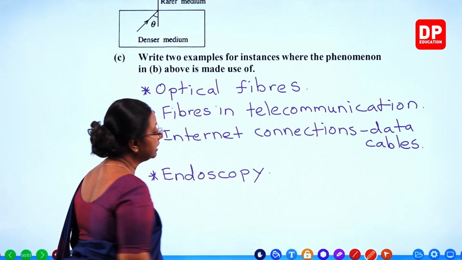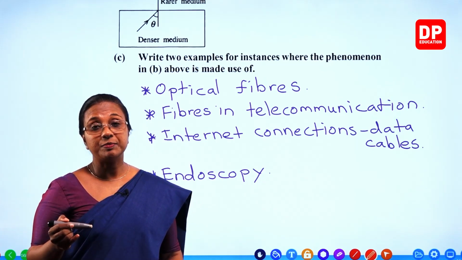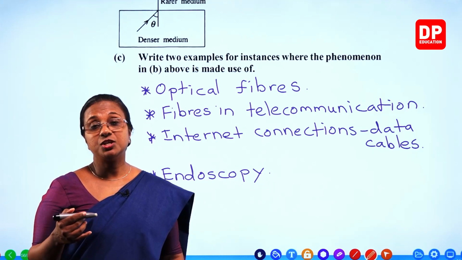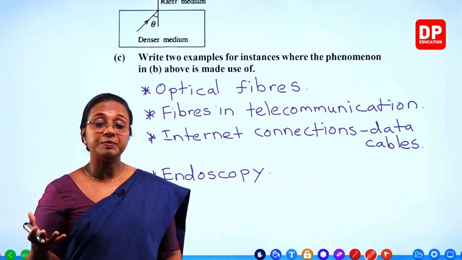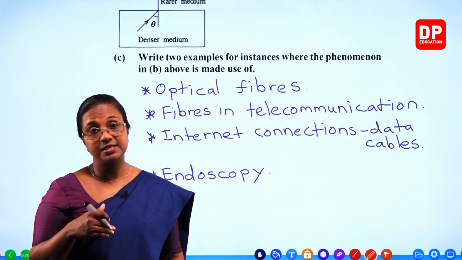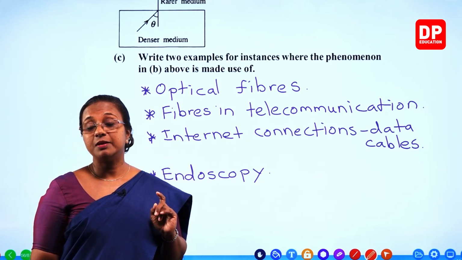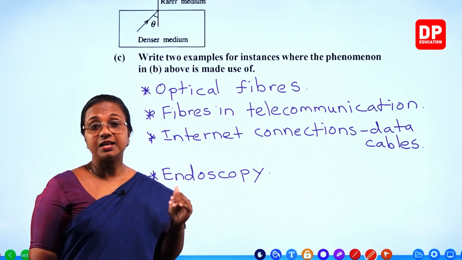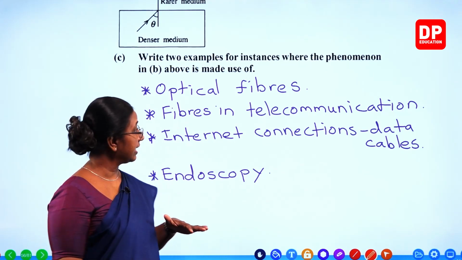Endoscopy is a medical technique where the fiber is sent into the body of a person for either observation to determine the disease or the condition of a person, or for certain procedures. For that, we use endoscopy. There, optical fibers are used, where there is total internal reflection of light taking place.